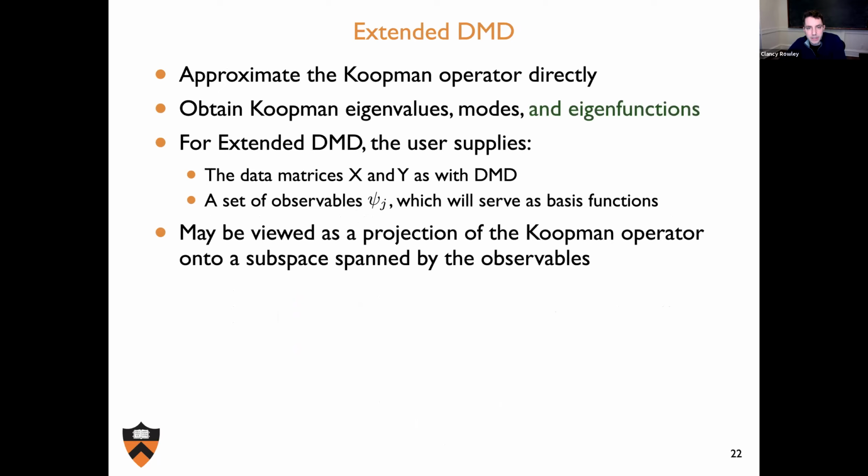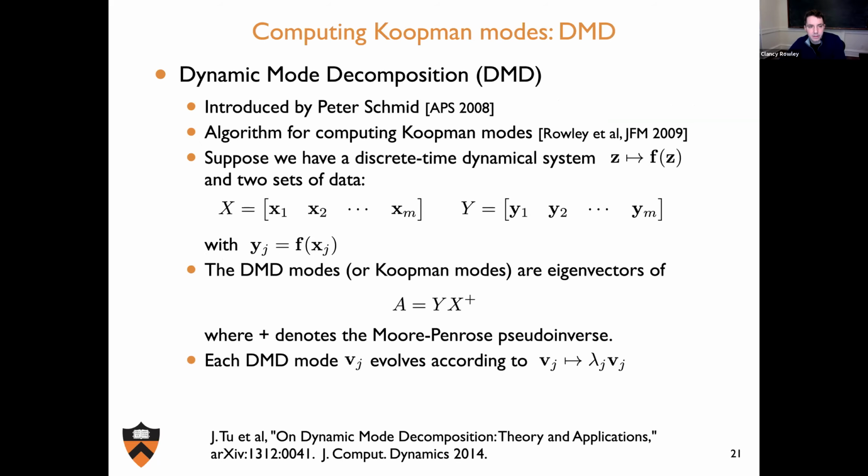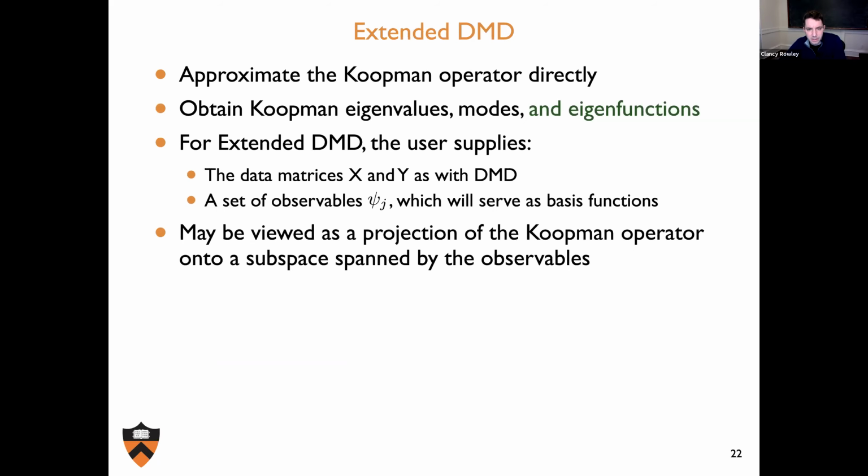So there's an extension of this where you approximate the Koopman operator directly, and then you obtain these Koopman eigenvalues, modes and eigenfunctions. So I should have emphasized on the previous slide that the DMD finds these Koopman modes, but it doesn't actually tell you the Koopman eigenfunctions, which here is what we wanted to find out. So this extended DMD lets you compute these eigenfunctions.